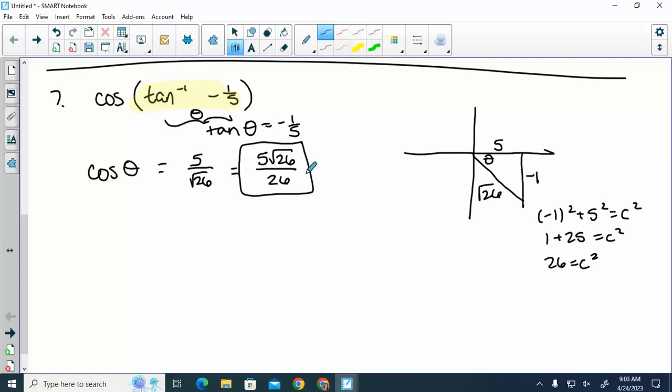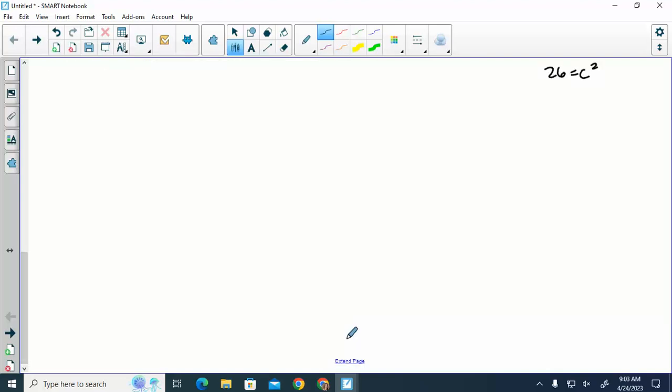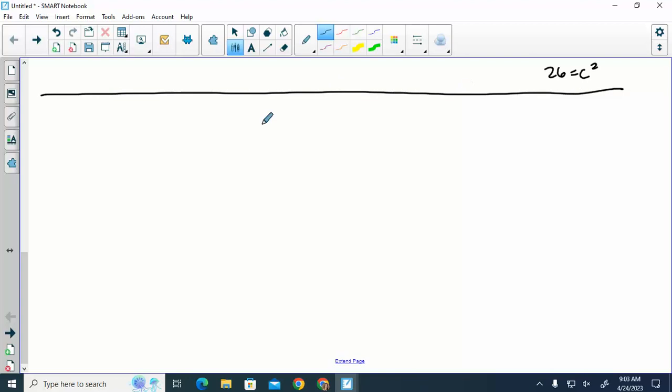Want to do another triangle problem? Let's say I gave you tangent of sine inverse of 1/4.